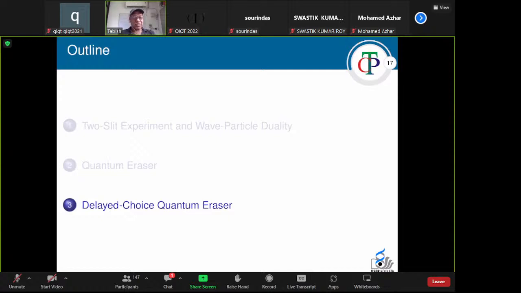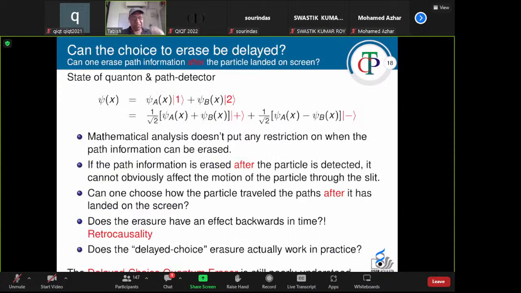Okay, so let us come to what is now the delayed choice interference experiment. People wondered about the choice of erasing. Here you can see that we decide whether to measure operator P or operator Q. With operator P, you know which slit the particle went through, but you don't get any interference.